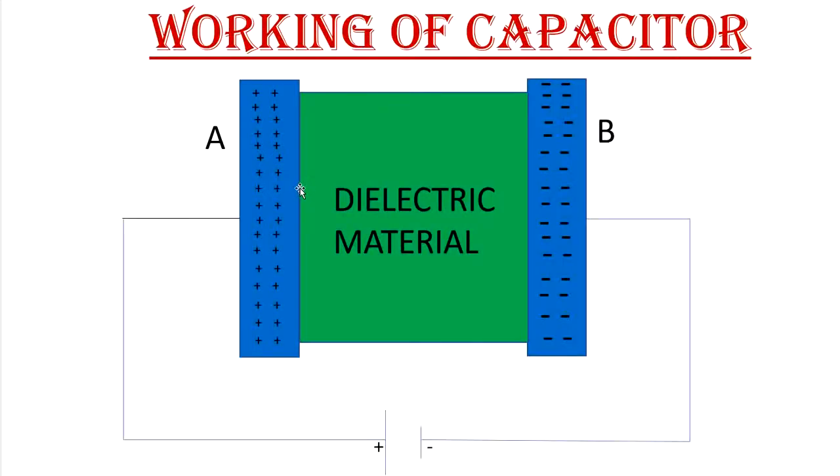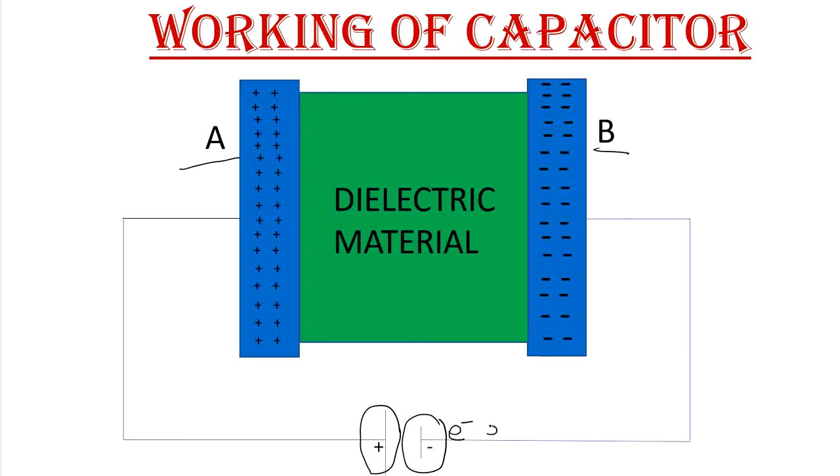Let us now discuss the working of capacitor. Here I have indicated the two plates of the capacitor by A and B. The A plate is connected to the positive terminal of the battery, whereas the B plate is connected to the negative terminal of the battery. As we know, the negative terminal shows that there is an excess amount of electrons.